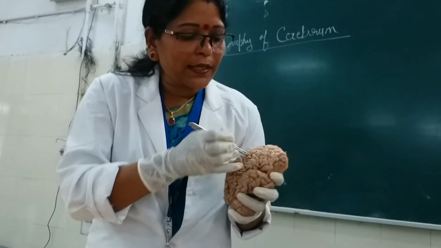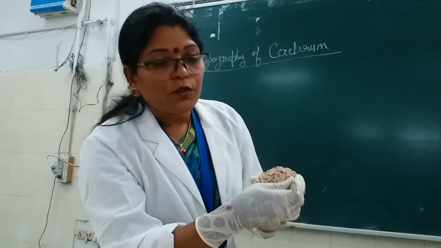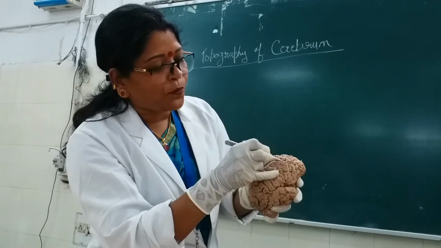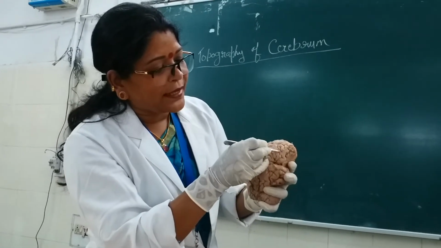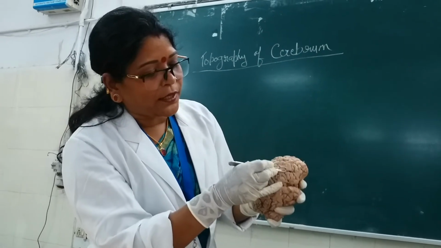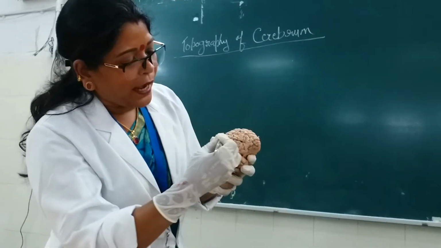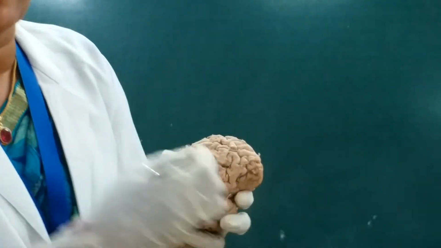What will they be known as? Superior? Yes, very good. This is the superior frontal sulcus and this is the inferior frontal sulcus. Look here, this is the superior frontal sulcus and this is the inferior frontal sulcus.